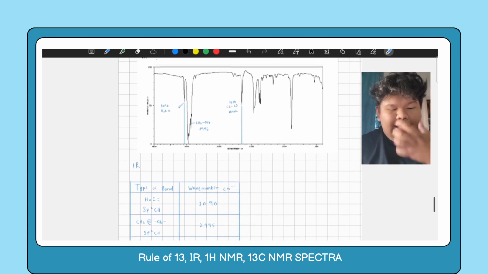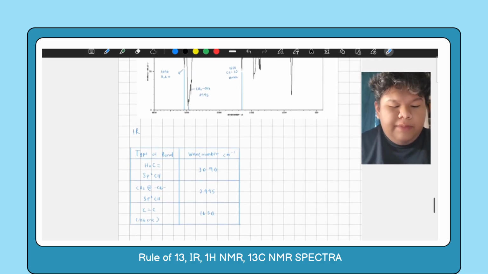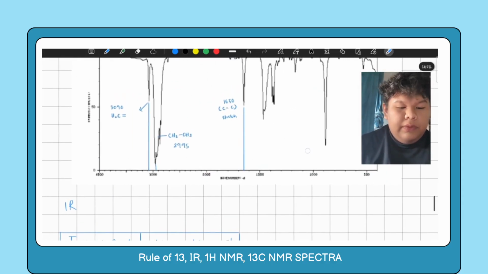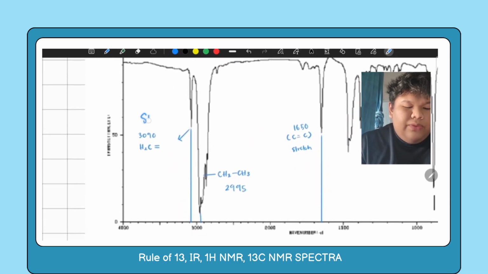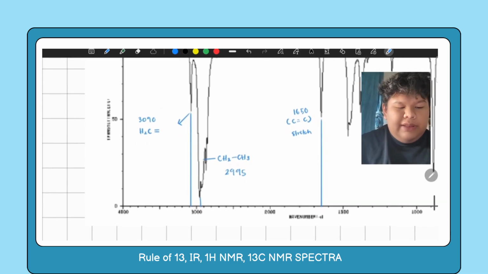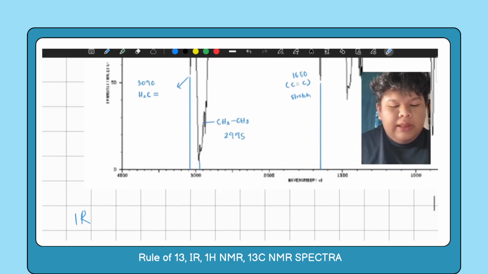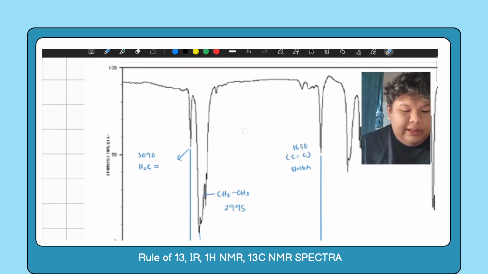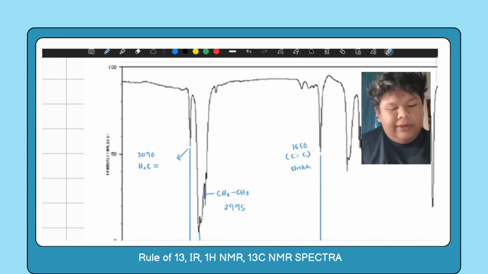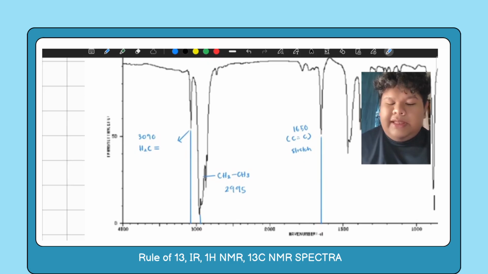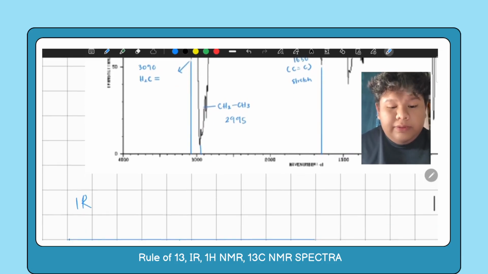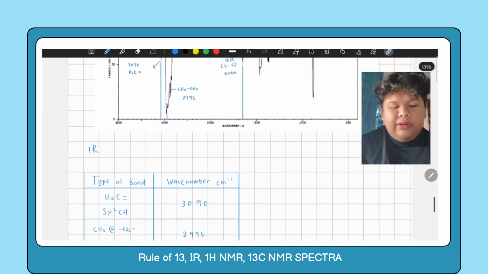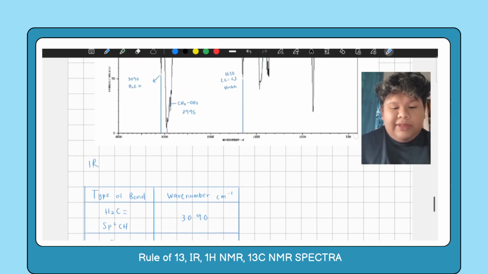Next we see the IR spectra. From the IR spectra we can conclude that there is sp2 C-H, a carbon with a double bond, at 3090 cm⁻¹, and there is also sp3 C-H, which is only single bonds, at 2995 cm⁻¹.